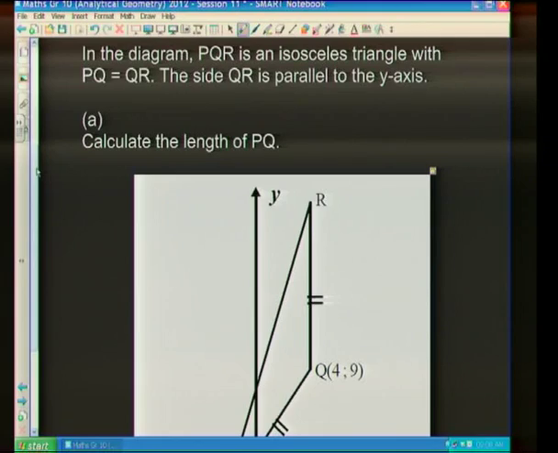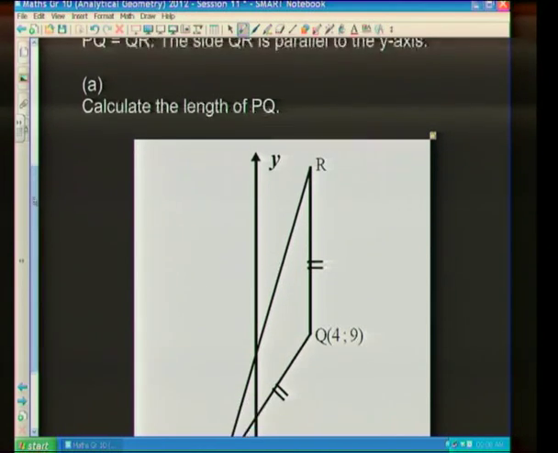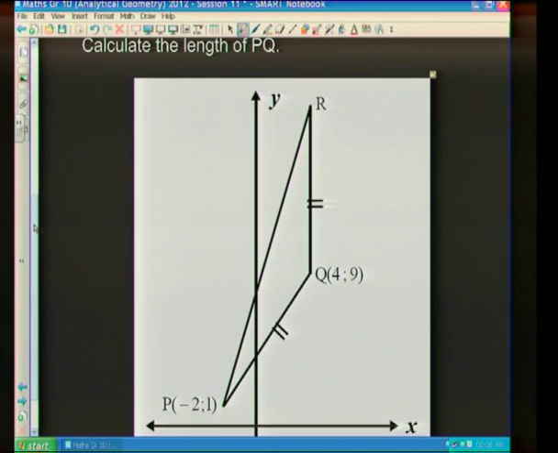Right, so we are asked, okay, so in the diagram, PQR is an isosceles triangle with PQ equal to QR. That's fine. The side QR is parallel to the y-axis. That's interesting. So this side QR over here is parallel to the y-axis.